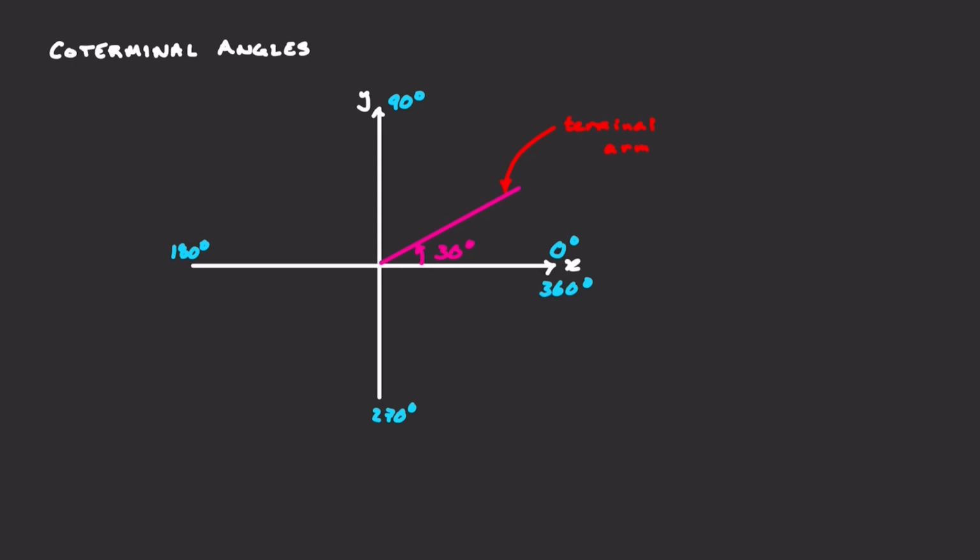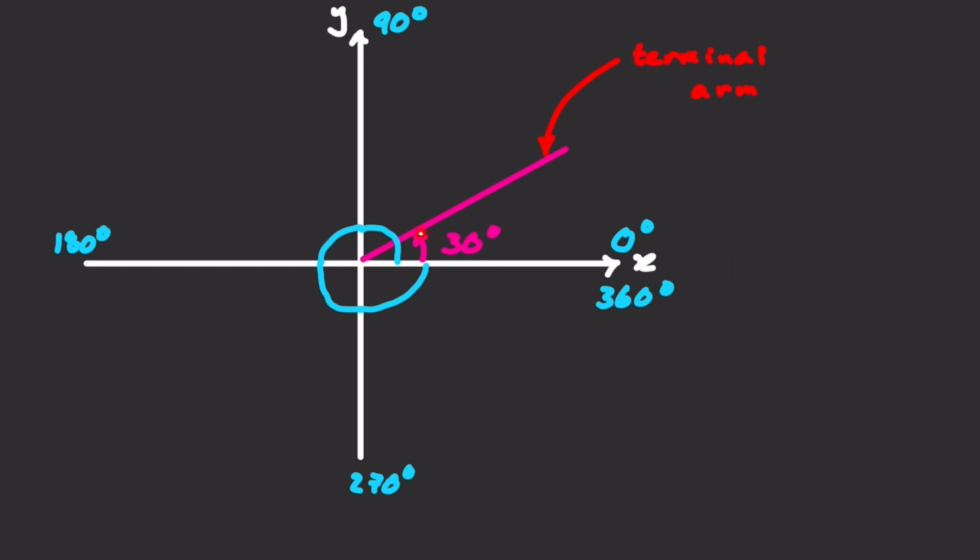So we start at our x-axis. We start here and we go 90 degrees, we get to 180 degrees, and we go to 270 degrees. Let me actually just draw that in. So we go 90 degrees, 180 degrees, 270 degrees, and then we end up back at 360 degrees. We still have this small 30-degree portion to account for.